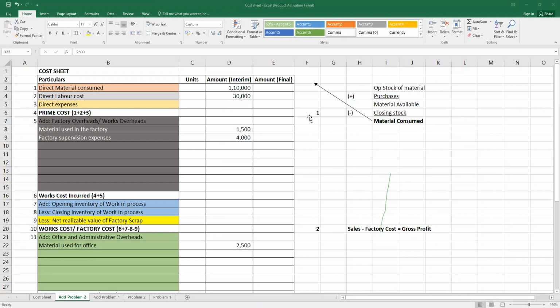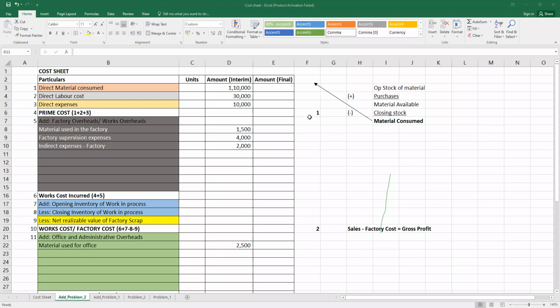Chargeable expenses 10,000, that is the direct expenses. Direct expenses में लिखना है chargeable expenses 10,000. Indirect expenses factory 2,000. factory में लिख दीजिएगा indirect expenses dash factory 2,000.